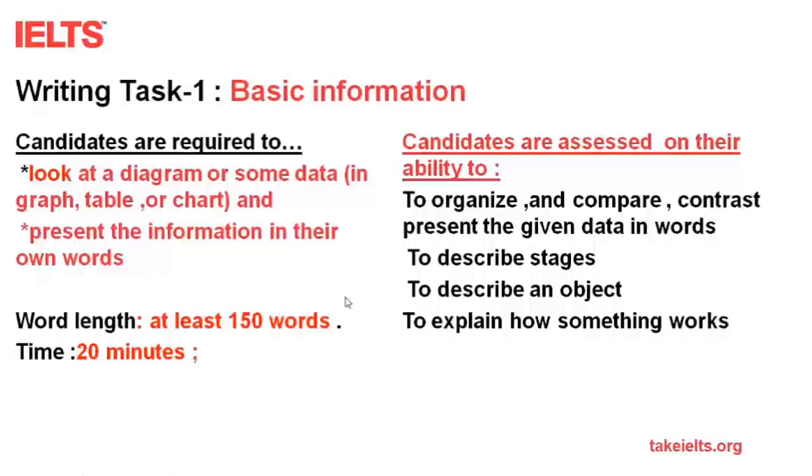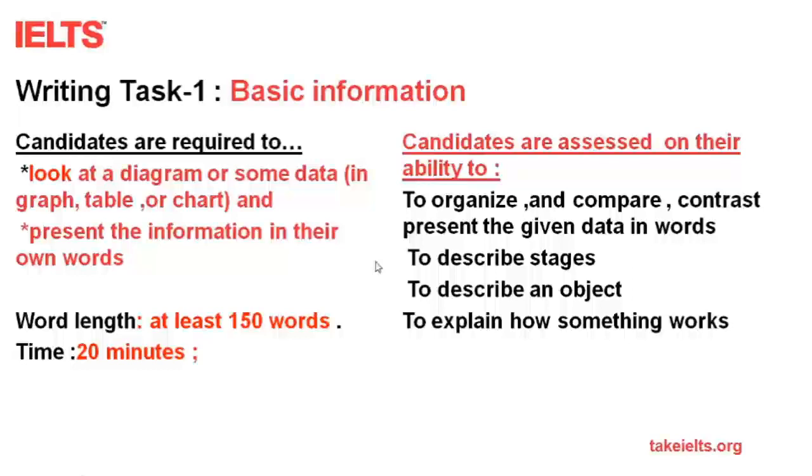Not that Task 1 is not important, it's important, but Task 2 is more important. Both tasks will be scored by 2 different examiners separately. Both will be marked out of 9, Task 1 out of 9, Task 2 also out of 9. Then they will combine your scores from Task 1 and Task 2 and make your band score for your certificate.